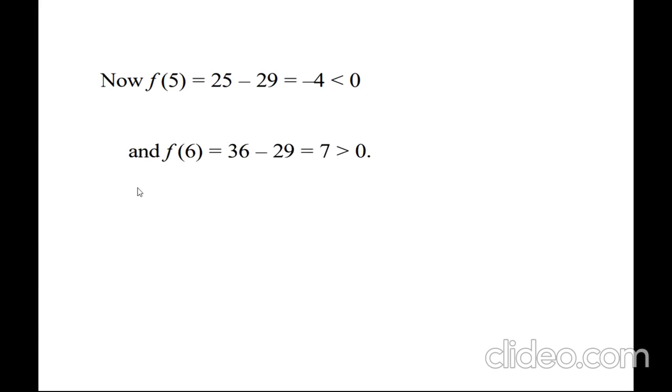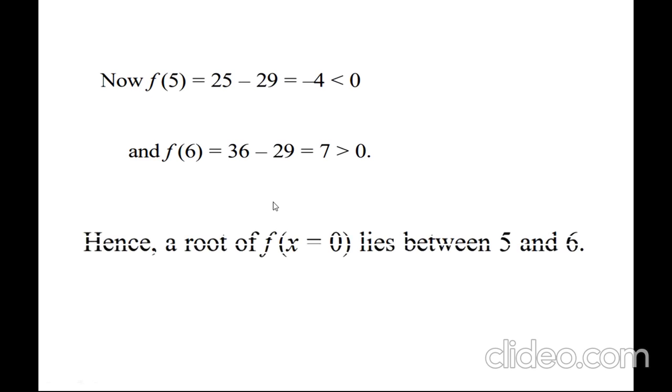Let us check another. f of 6 is equal to 36 minus 29, which is 7, which is greater than 0. So obviously our answer lies in between 5 and 6. So take the greater value for the initial guess as 5.3. So x0 is 5.3 in my case.